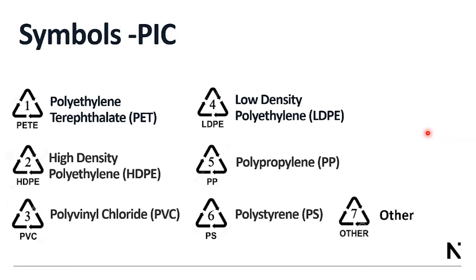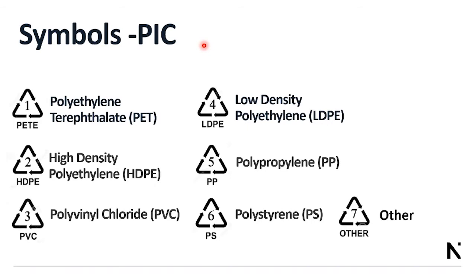So, as promised, to go a bit deeper regarding the types of plastics available to us, I will now explain the symbols, or PICs, plastic identification codes. Most consumers get confused with those recycling symbols and numbers on the products and containers they buy.